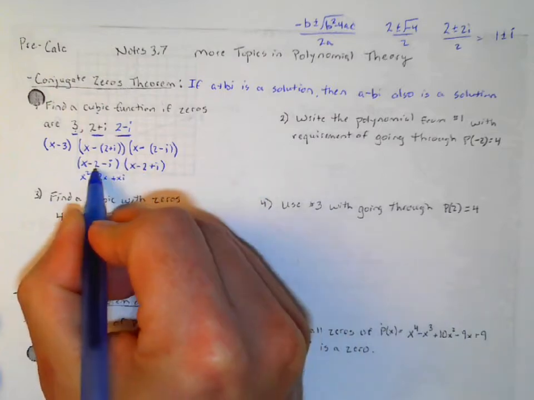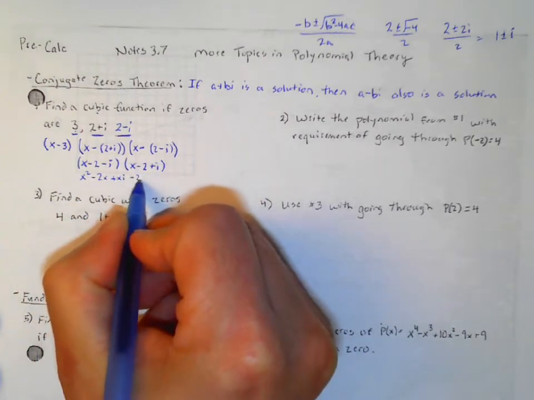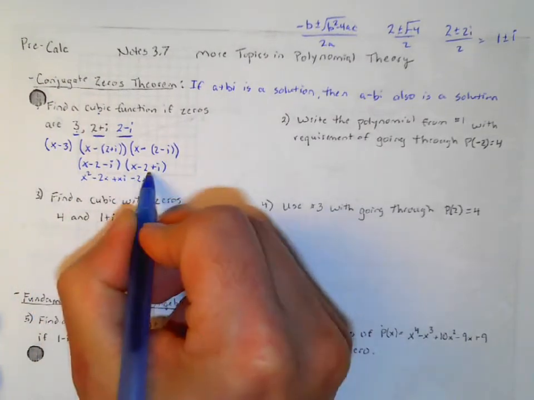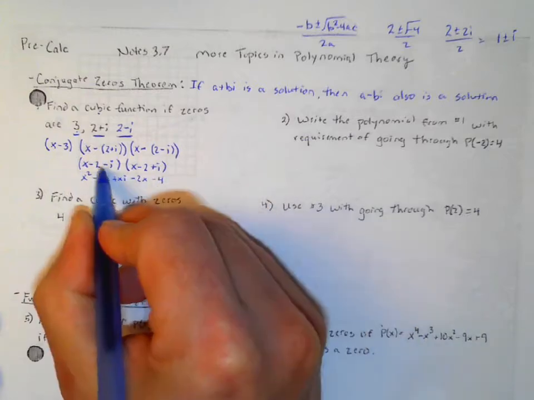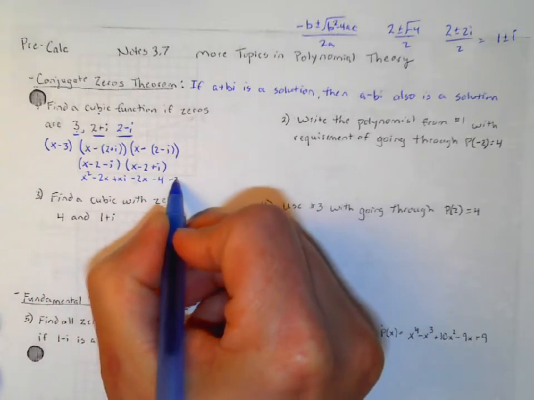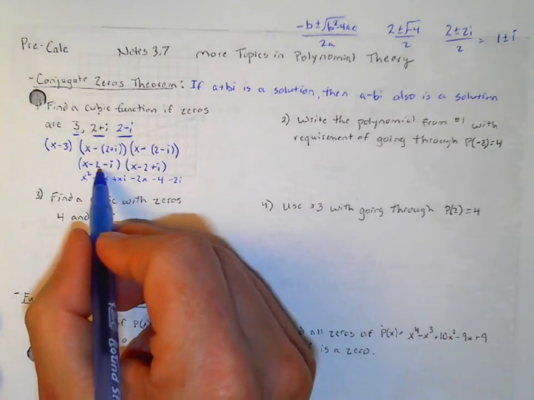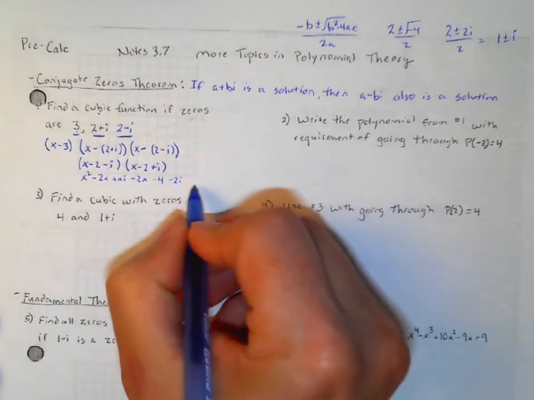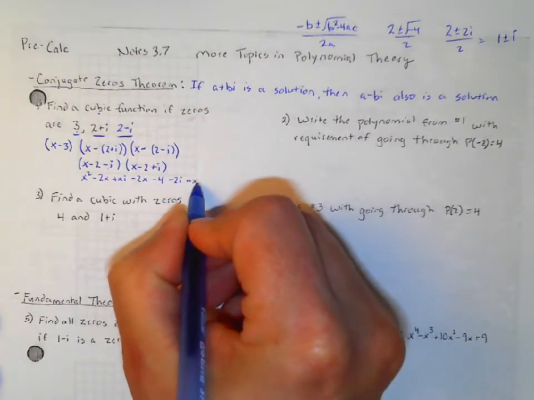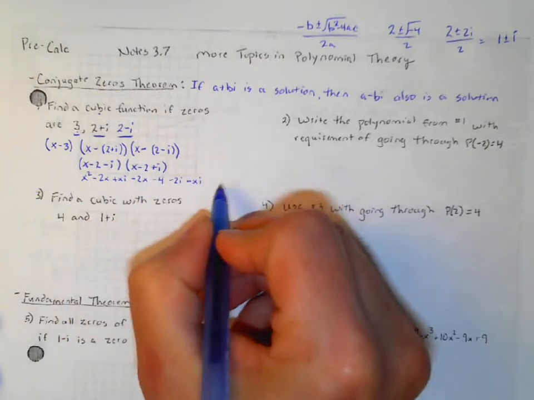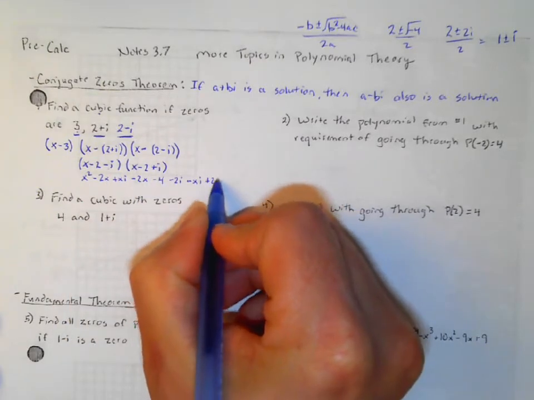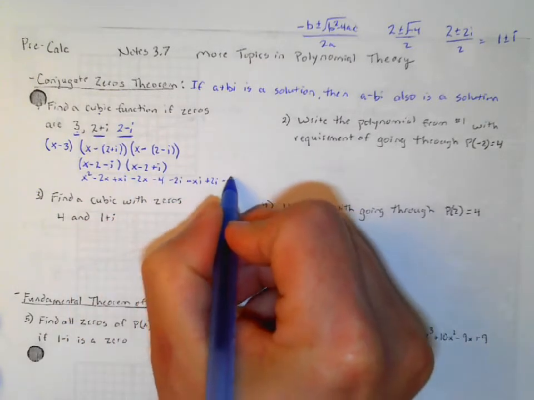Then take the negative 2 through: negative 2x minus 4 minus 2i. And then negative xi plus 2i negative i squared.